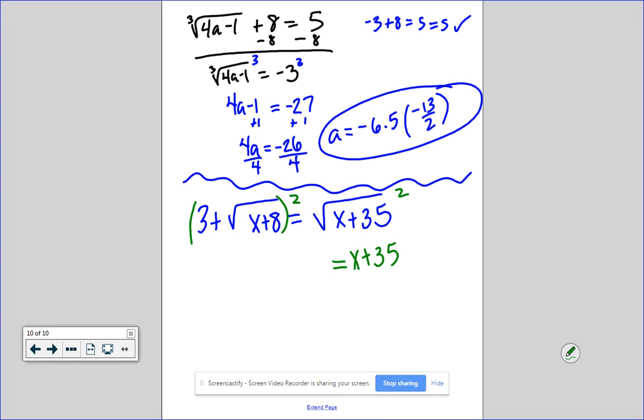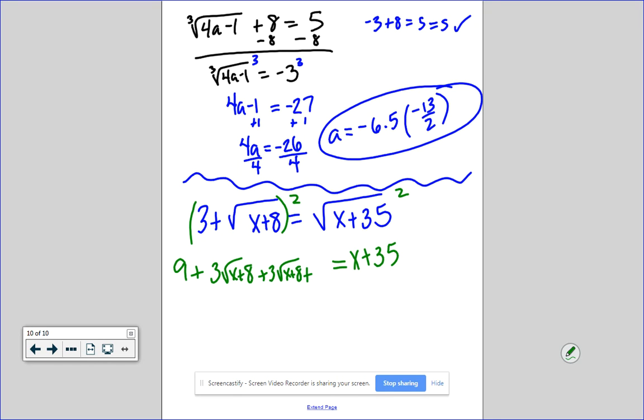First, 3 times 3 is 9. Outside, 3 times the square root of x plus 8 just becomes 3 square root of x plus 8. Inside's the exact same, 3 square root of x plus 8.